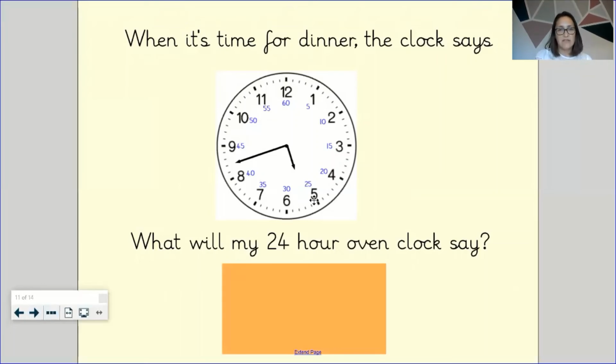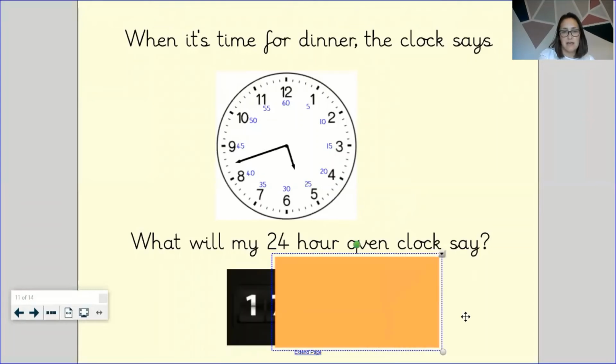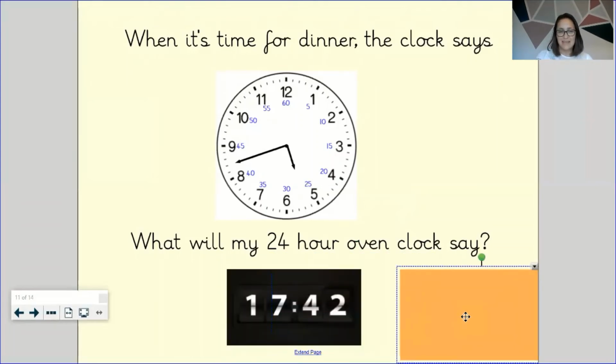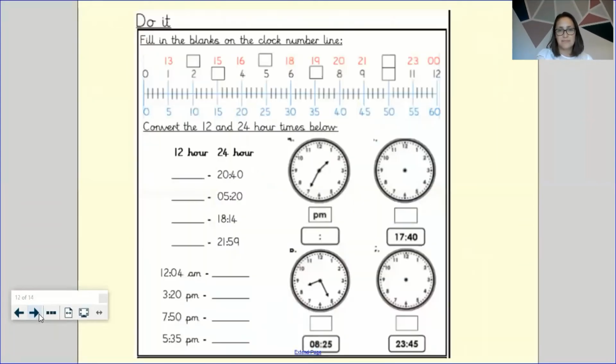The hour is 5. The minute hand is pointing to 30, 35, 40, 41, 42. It is 42 minutes past 5, 5:42. But we're thinking in 24-hour PM, it's not going to be 5, it's going to be 17:42. Okay, well done if you've got that one right.